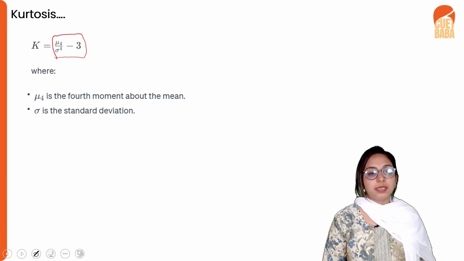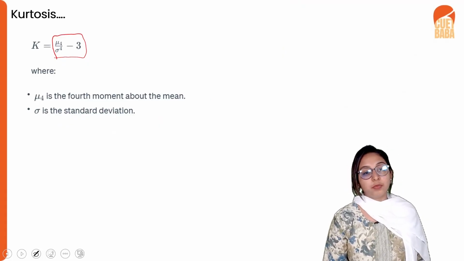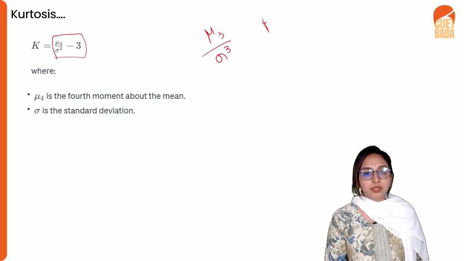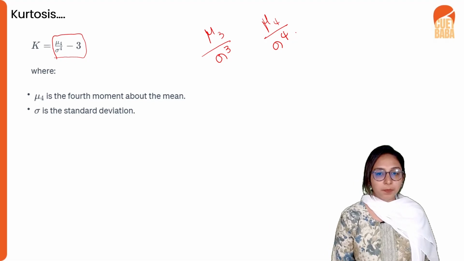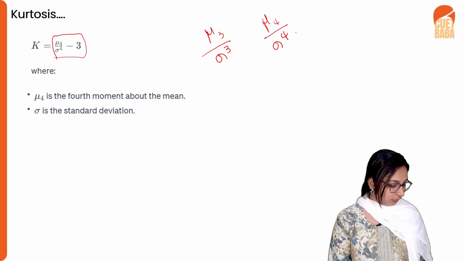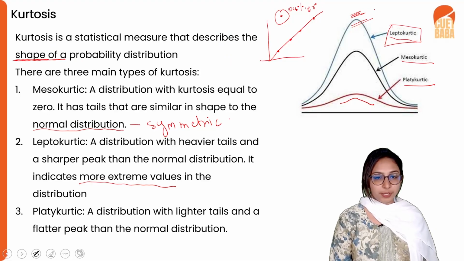For kurtosis, it is the fourth moment about the mean and the fourth power of the standard deviation. Skewness was mu3 by sigma power 3, and kurtosis is mu4 by sigma power 4. According to the kurtosis values, we can see whether it is leptokurtic, mesokurtic, or platykurtic. Okay, thank you.